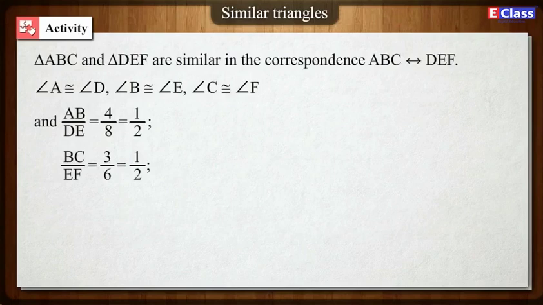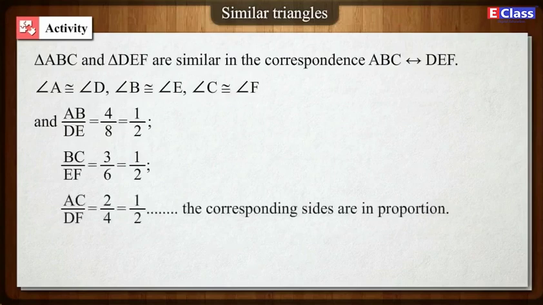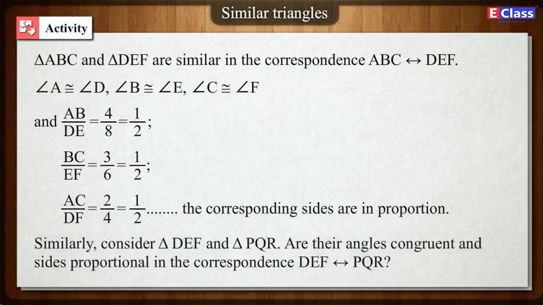AC upon DF is equal to 2 upon 4, which is equal to 1 upon 2, as the corresponding sides are in proportion. Similarly, consider triangle DEF and triangle PQR. Are their angles congruent and sides proportional in the correspondence DEF correspondence PQR?